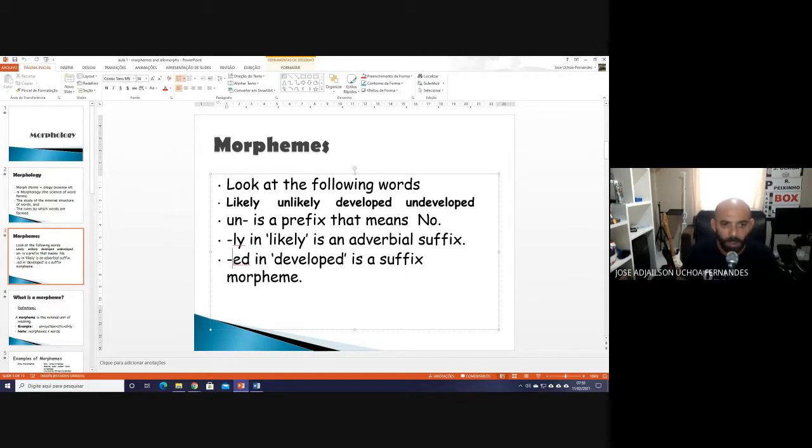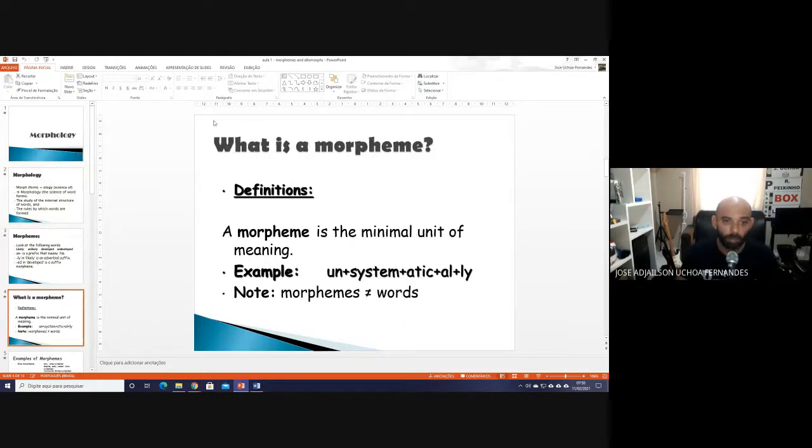The final ed sometimes will work as a past participle suffix. Sometimes it will work as a simple past suffix, okay? So morphemes are not words, but they are meaningful. Okay, we define it as the minimal unit of meaning to morphology.